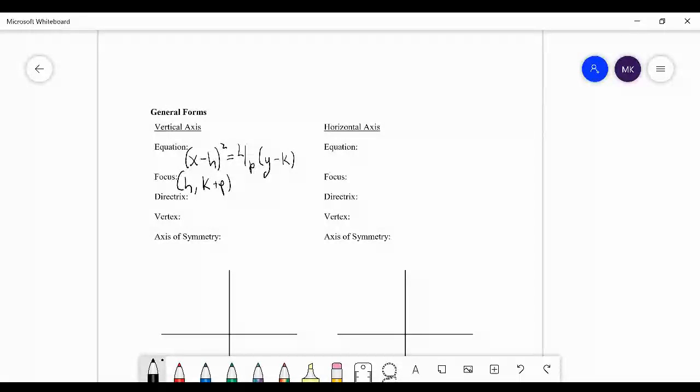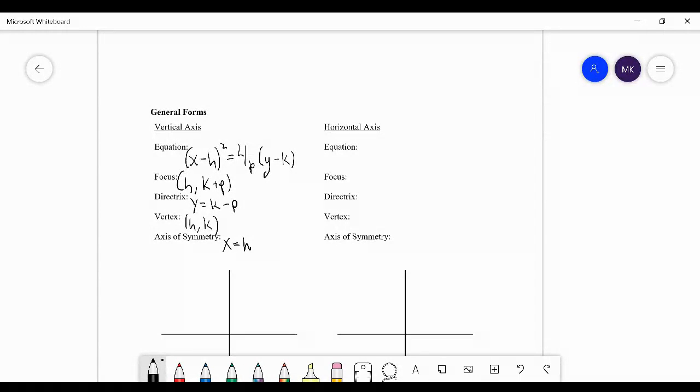Our directrix used to be the line y equals negative p. Now it's going to be the line y equals k minus p. Essentially, we're just adding k to it. Our vertex here was at (0, 0). We've moved h units horizontally and k units vertically, so our vertex is now at (h, k). Our axis of symmetry was the line x equals 0, so now it's going to be the line x equals h.